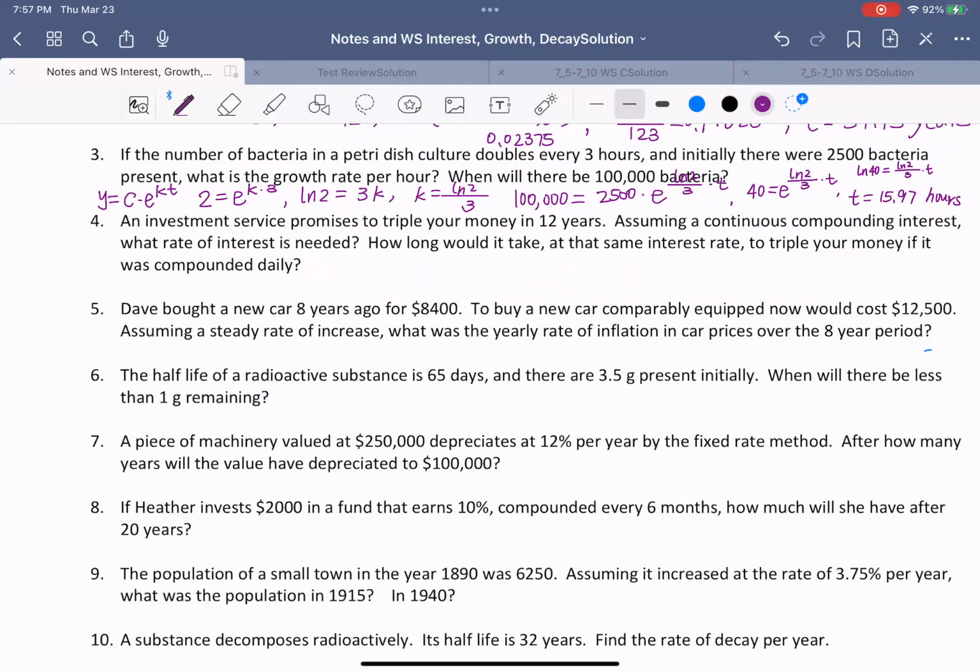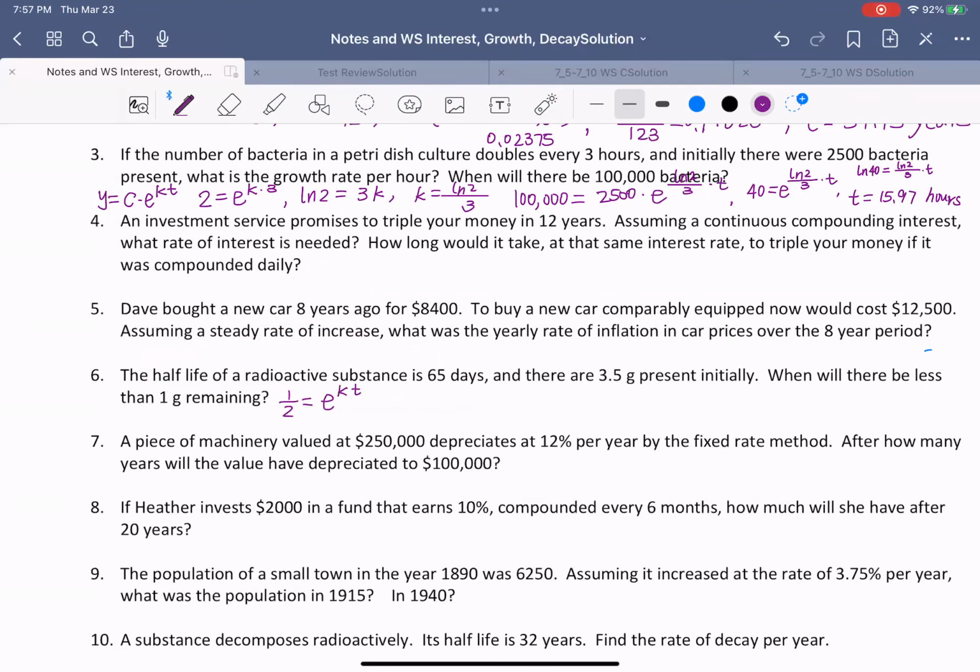Annie, let's do this one together. You have a half left. That means 1/2 is left. Okay? So that means y over c is 1/2. So you don't need to worry about how much is your c, or your y. You just know y divided by c is 1/2. 1/2 is left, e to the power of kt.